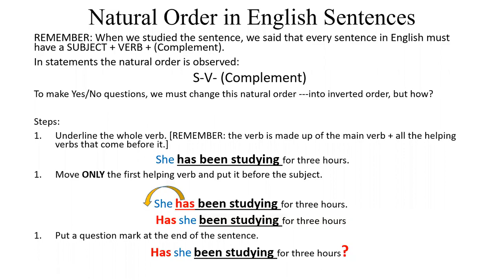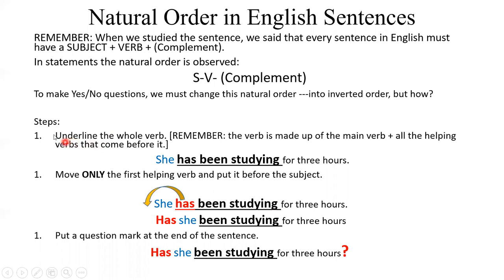We need to change how the subject and the verb appear in the sentence. But the question is, how? So let's talk about the steps that we have to take in order for us to change a statement into a question. And before we go on, I'm going to get my magic wand first.